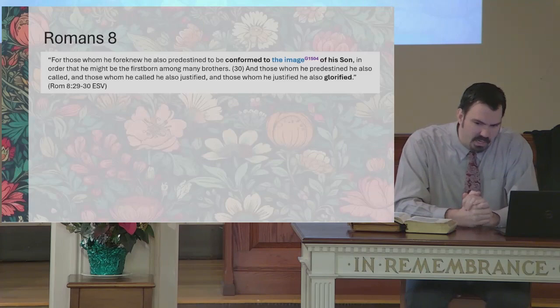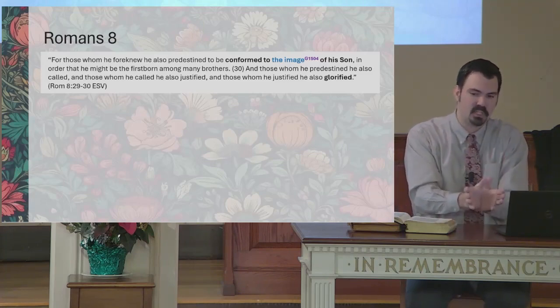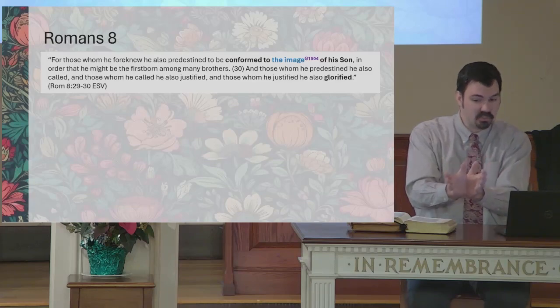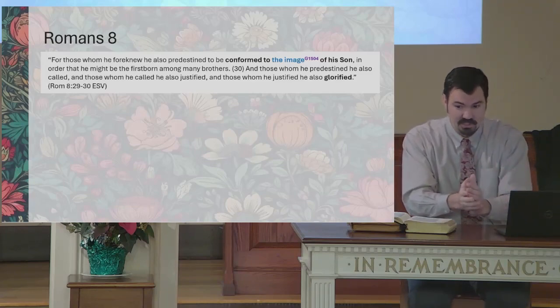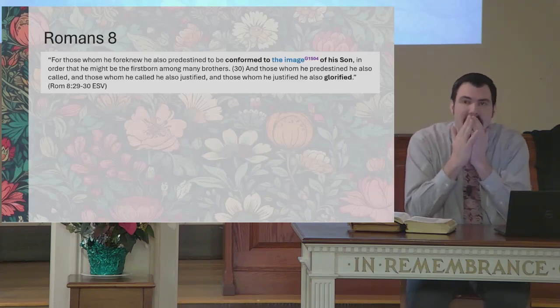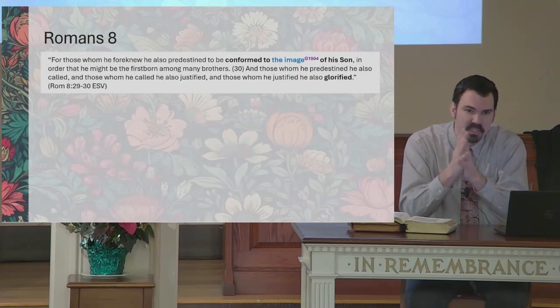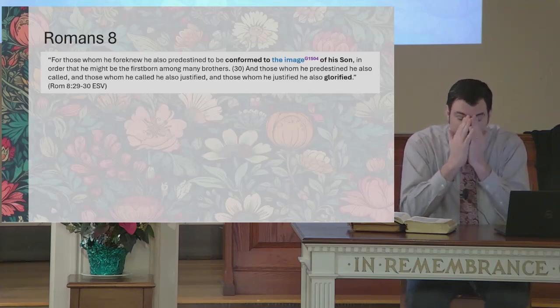So I think this passage is connecting conformation to the image of Jesus, right, who's the perfect image of the Father. That's connecting that to glorification. So this is definitely something that we're working towards. We're not quite there yet, but I do see this as, again, going back to the Lego tool, right?